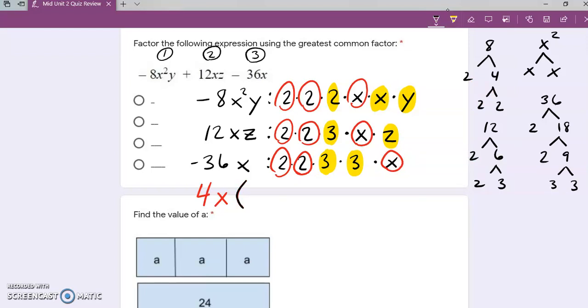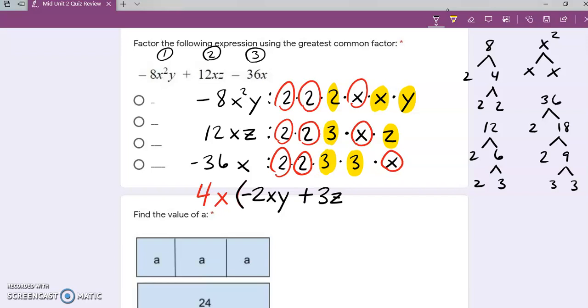So 2 times x times y just becomes 2xy. And it's negative because the first term was negative 8x squared y. So that's negative 2xy that's left in here. The 3 and the z are left over as my middle term. And it's a positive number, so I keep the plus.